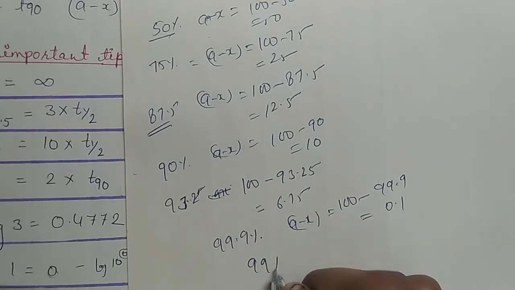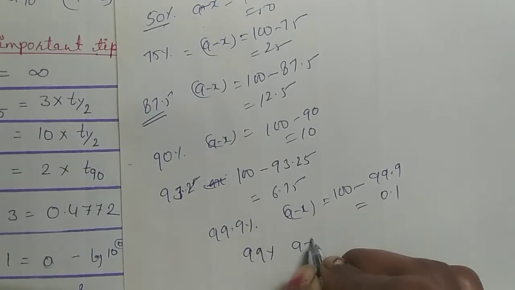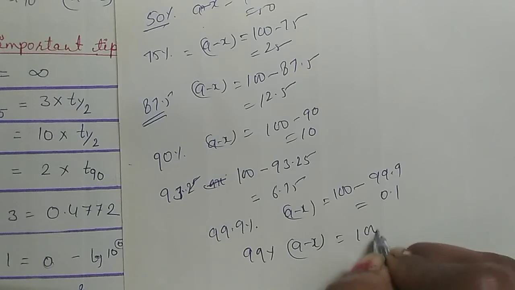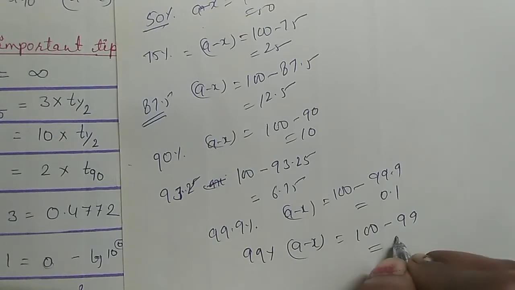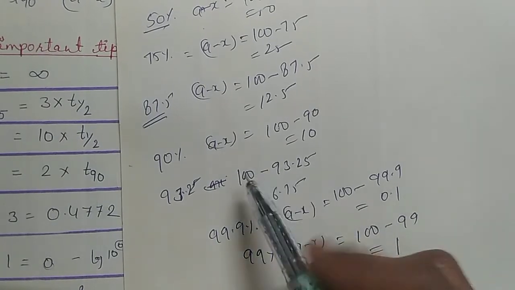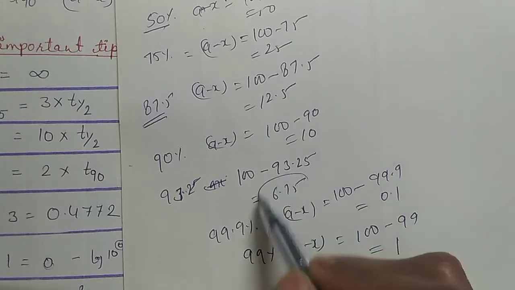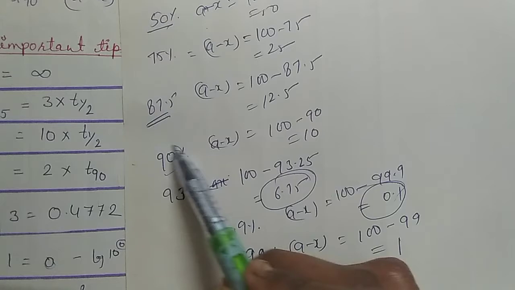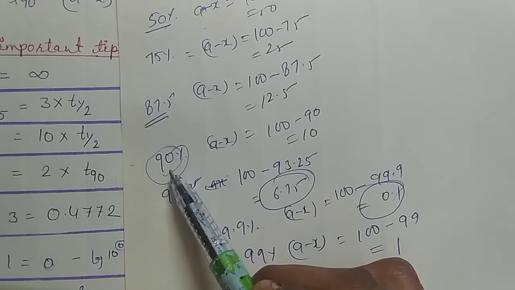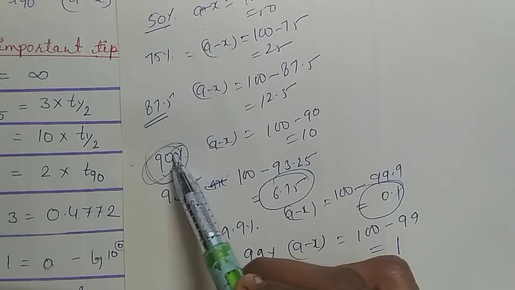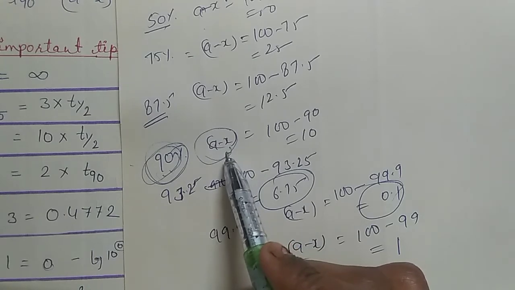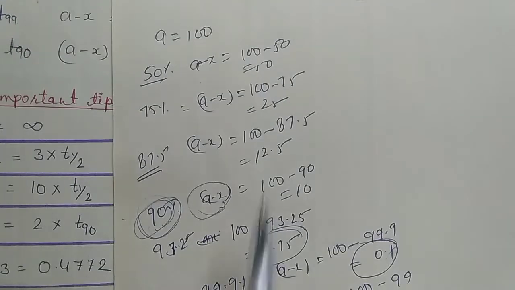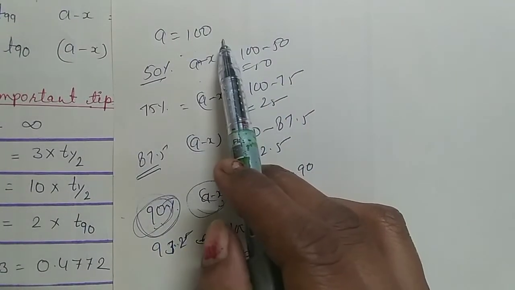If 99% reaction is completed, then A minus X will be 100 minus 99, means 1. We have to assume these values. According to the percentage of reaction completed, we can calculate the value of A minus X, and A will always be taken as 100.